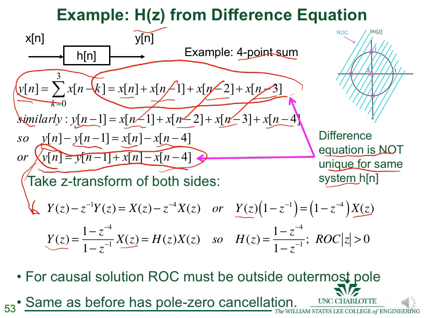This portion is the transfer function H of z. This H of z has the transfer function 1 minus z to the minus 4 over 1 minus z to the minus 1. We've seen this before. This is the example when we took the z transform of a sequence with 4 ones between n equals 0 and n equals 3.